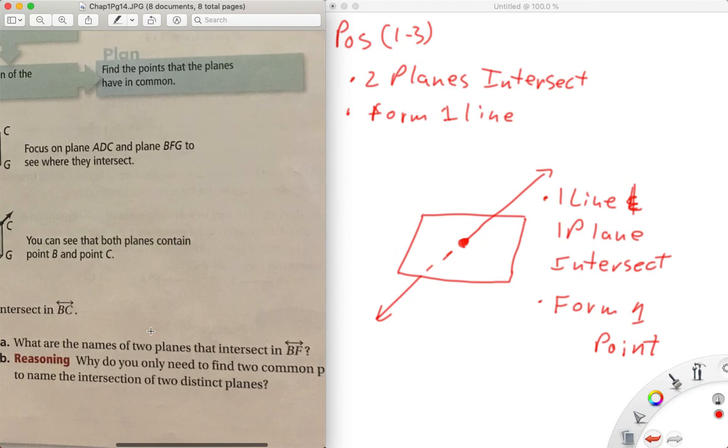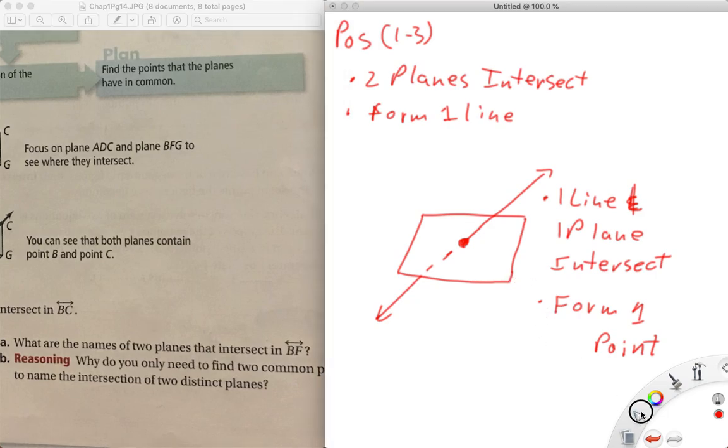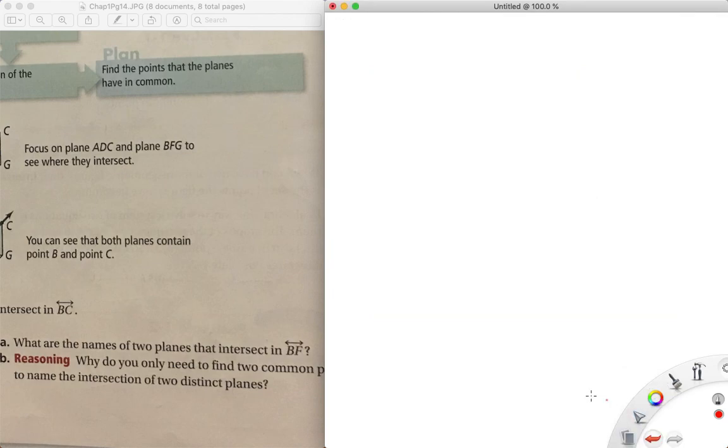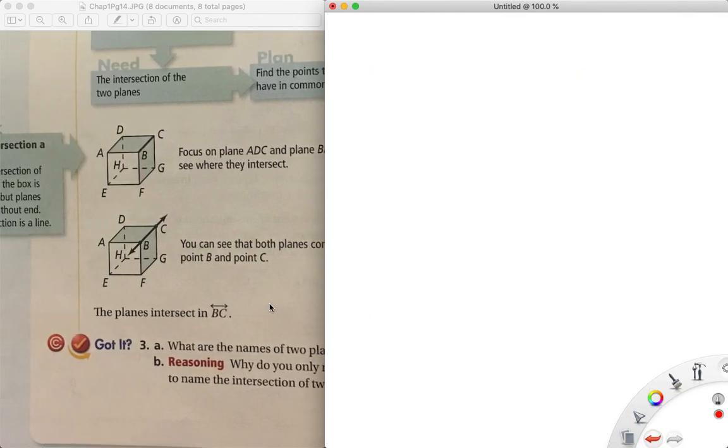They ask what are the names of the two planes that form BF. So I look over here, and this is BF right here going up and down. BF is going up and down, and it's comprised of two planes. The two planes that it's comprised of, you could say plane BCG, right?